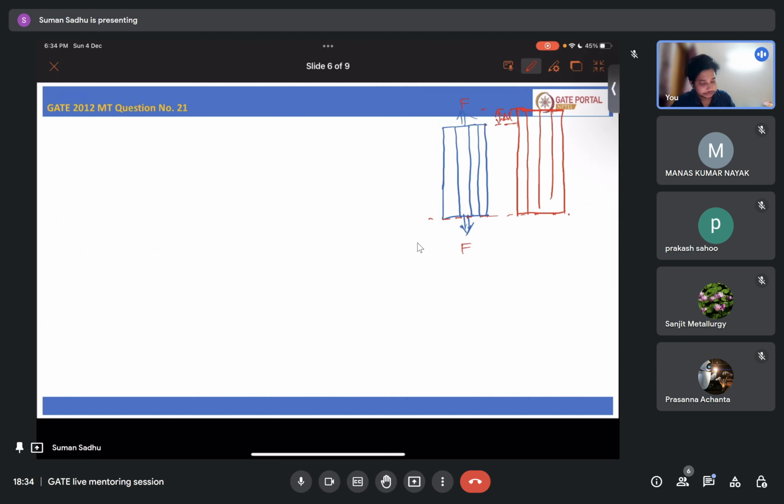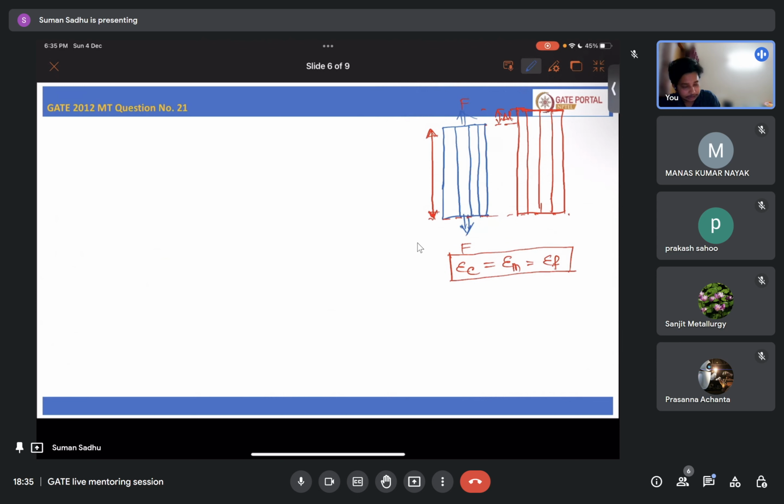So your strain has to be the same, because the initial length was L for both, and the change in length is also the same for both. So this is an iso-strain condition. Your strain in the composite is equal to the strain in the matrix is equal to the strain in the fiber, right?